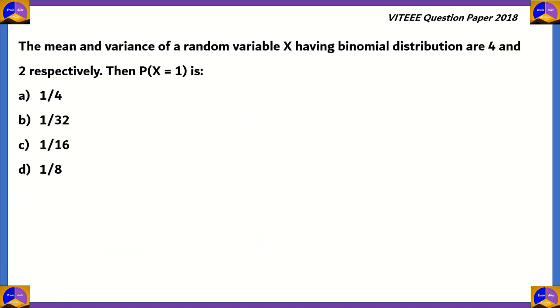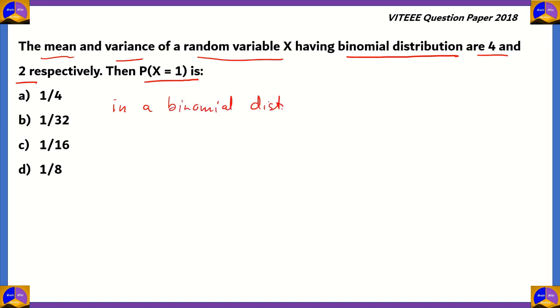Now, the mean and variance of a random variable x having a binomial distribution are 4 and 2 respectively. Then P of x equals 1 is it 1 by 4, 1 by 32, 1 by 16, or 1 by 8? So since we have a binomial distribution, we will use directly the formula of mean as well as variance of a binomial distribution.